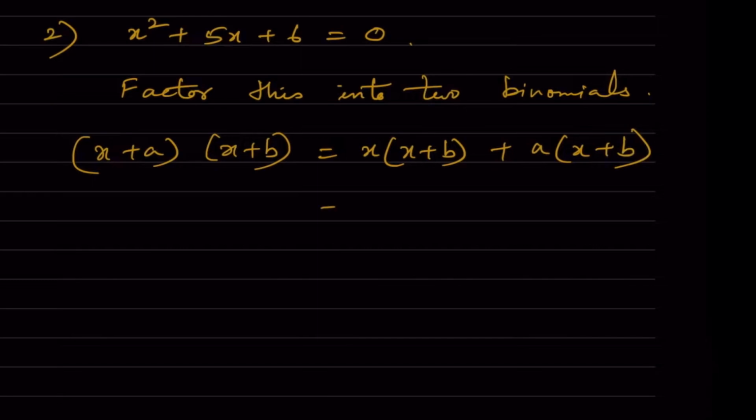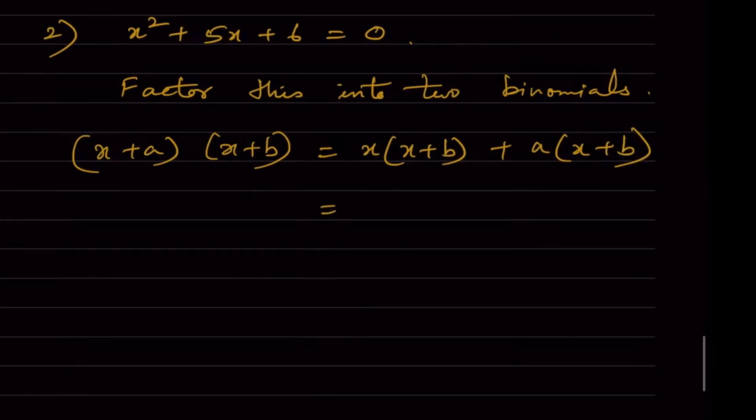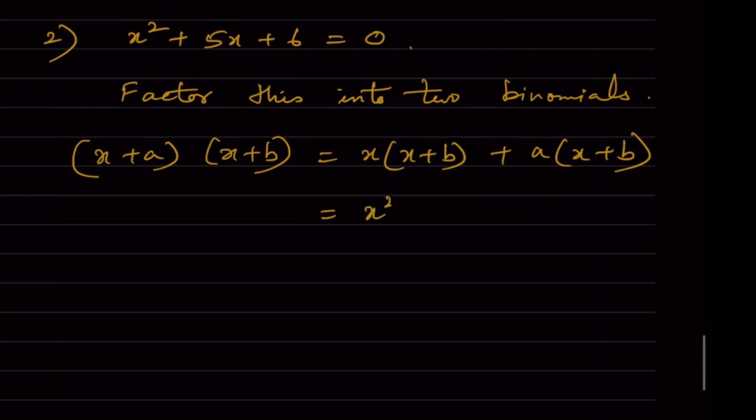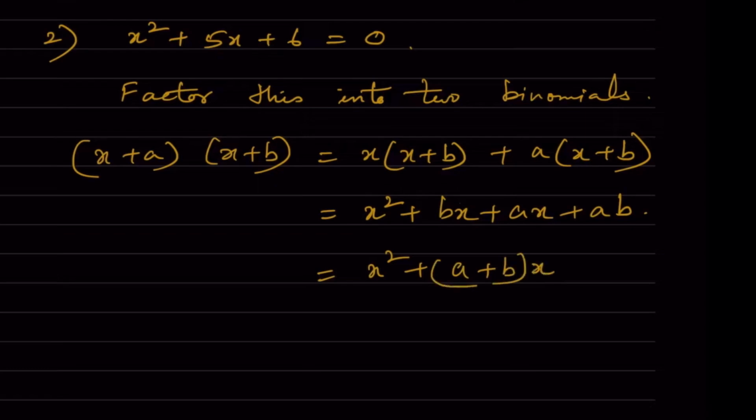So it becomes x square plus ax plus ab. So now here I can take out, if I take a plus b in common, x will be outside, plus ab. So therefore x plus a into x plus b can be written as x square plus (a plus b)x plus ab.